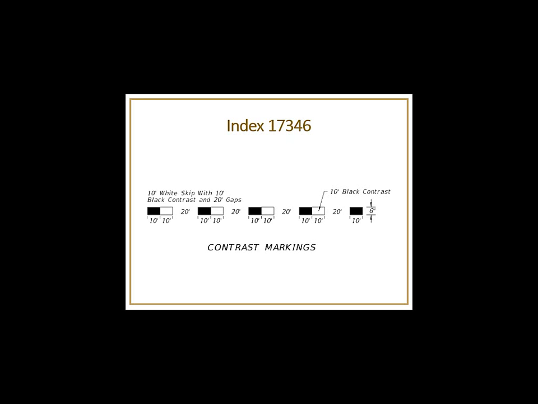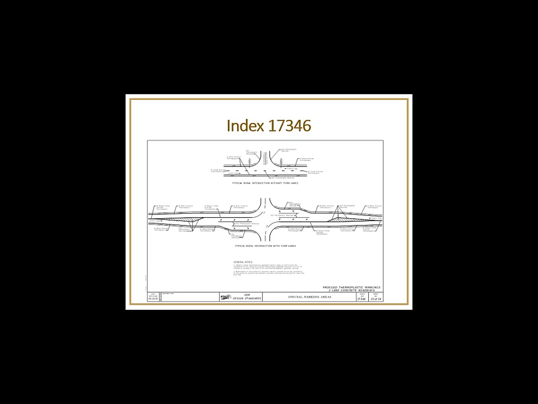So the next one is another change that we made in 17.346 on sheets 13 and 14. Sheets 13 and 14 before were audible vibratory markings, and actually, there's two types of audible vibratory markings now. One is profile thermoplastic and the other is rumble striping.